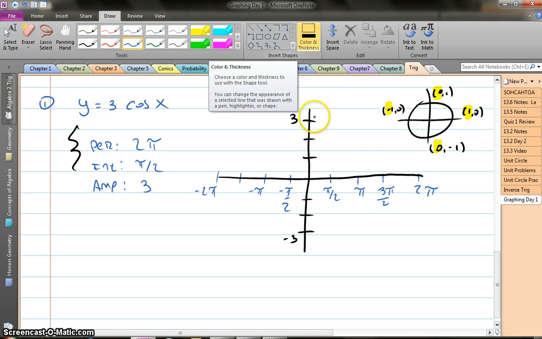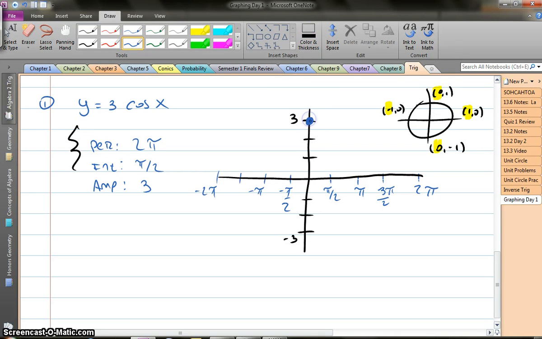We start at 3, go to 0, down to negative 3, back to 0, and end up at 3. Then it'll go the opposite direction. We start at 3, go down to 0, down to negative 3, back to 0, back up to 3. I missed my dot, but you get the point.